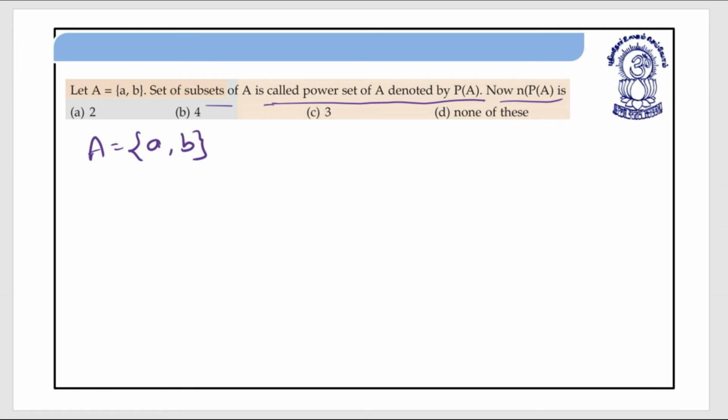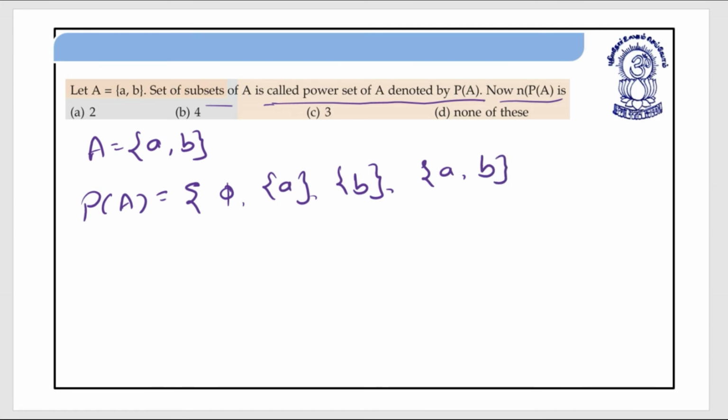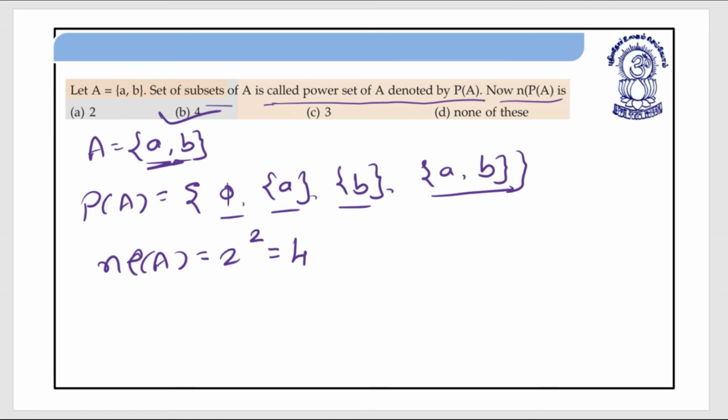Now subsets P of A is equal to empty set, A, B, AB. So 1, 2, 3 and 4. So now P of A is equal to 2 square. 2 square is equal to 4. So option B is the right answer, 4.